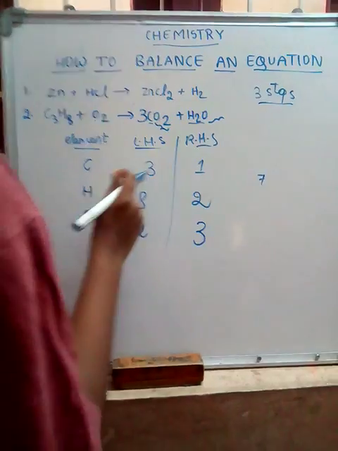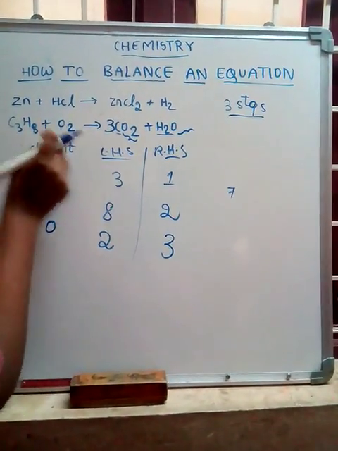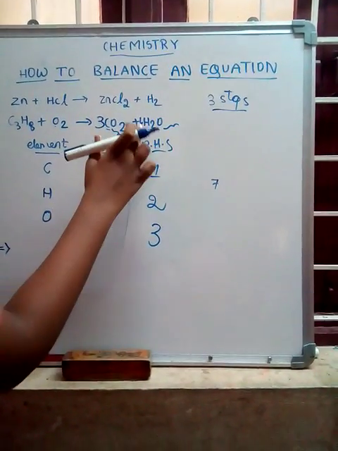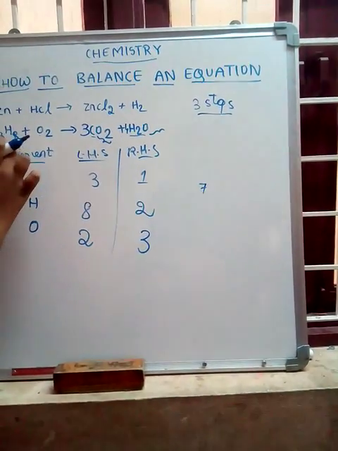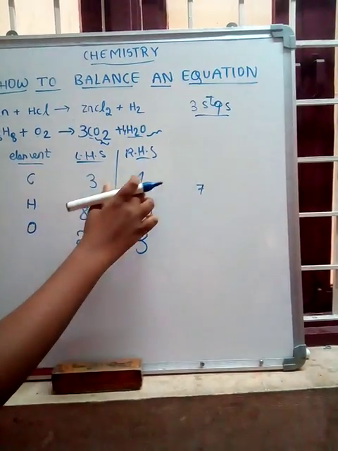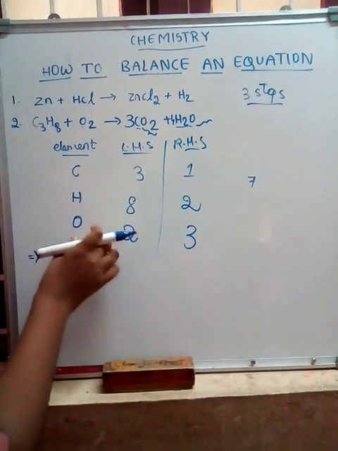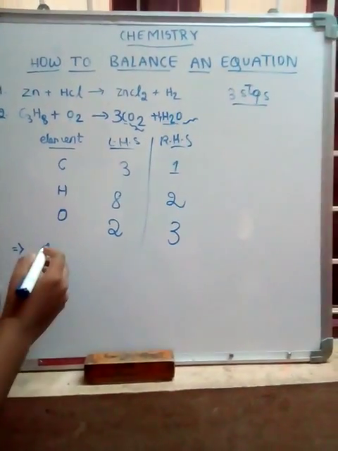So first balance the hydrogen: 8 on the LHS and 2 on the RHS, so write 4 in front of H2O. 4 times 2 is 8 hydrogens. Carbons are 3 on both sides. Now only oxygen should be balanced.